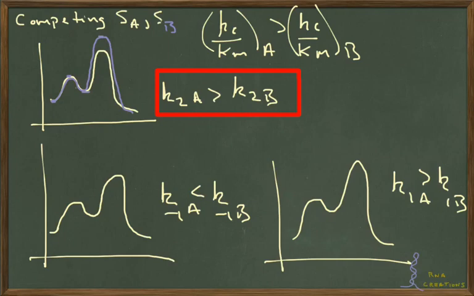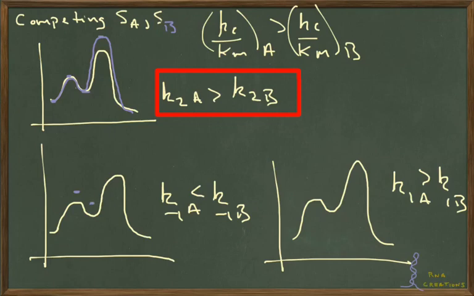And we want to make the barrier higher for B. And so if I do that, I'm sorry, if I do that, I can't do that, okay? Because if I do that, I'm also going to change K1, and I don't want to change K1.